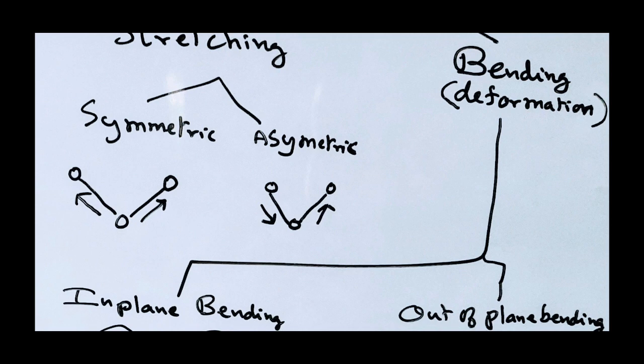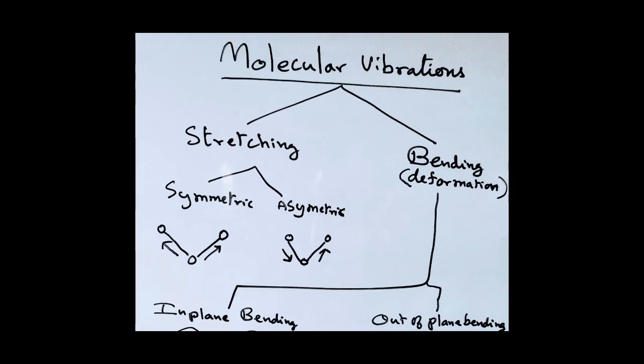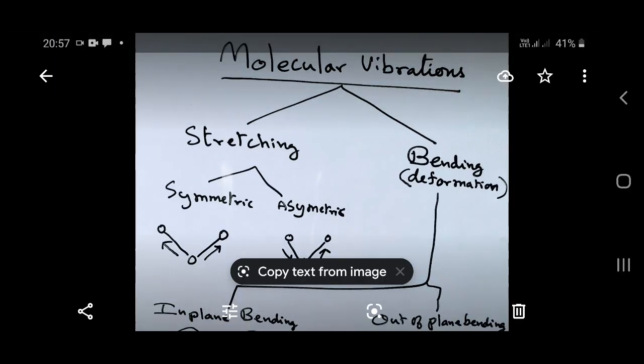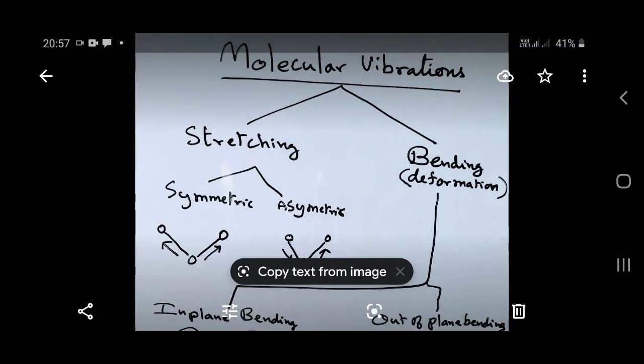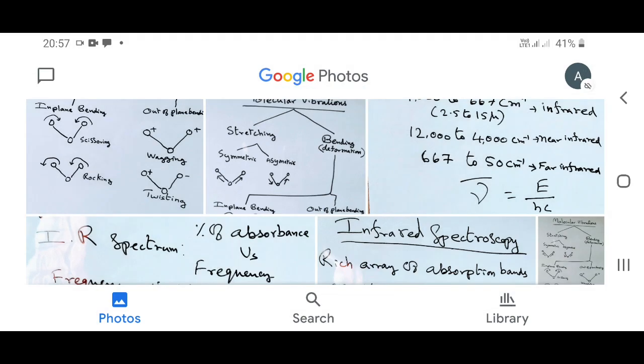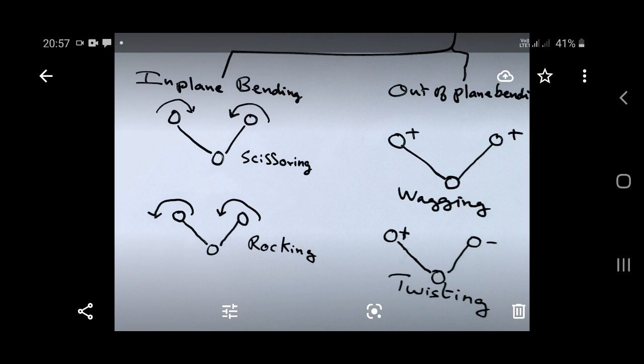When the molecule is undergoing bending vibration, part of the molecule may come out of the plane. See, the two OH groups may come out of the plane. If part of the molecule, because of the bending, comes out of the plane, it is called out-of-plane bending vibration.